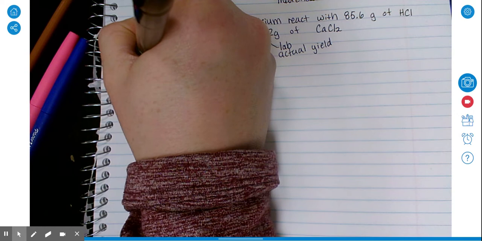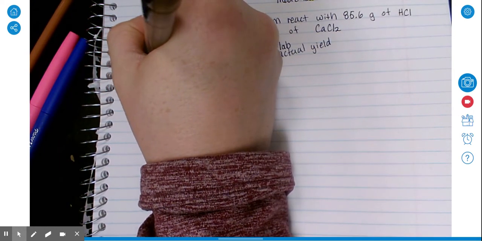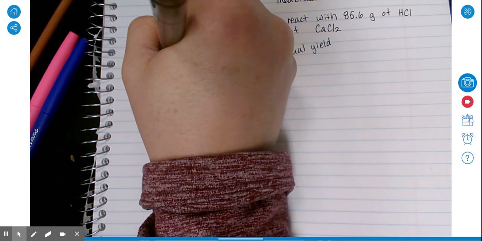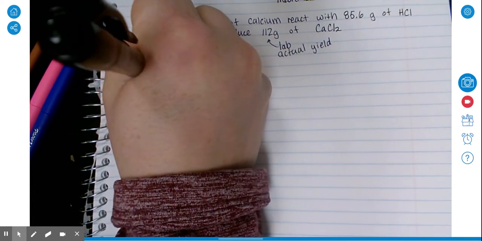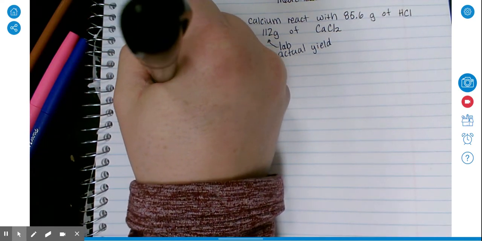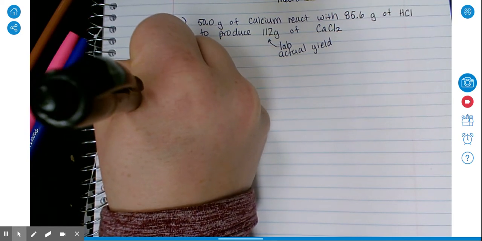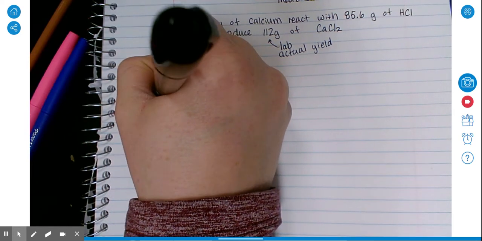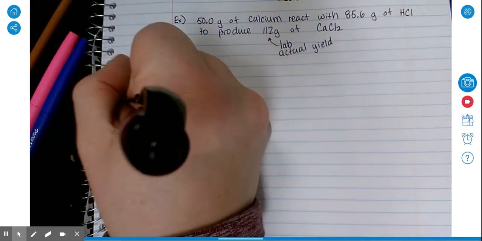We're still going to need to calculate the molar mass, and determine the limiting reactant using a balanced chemical reaction and our initial mass to get our theoretical yield.